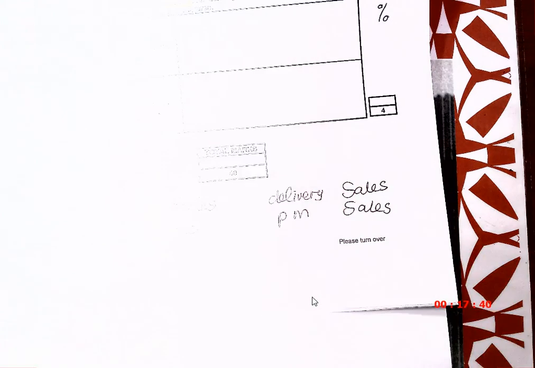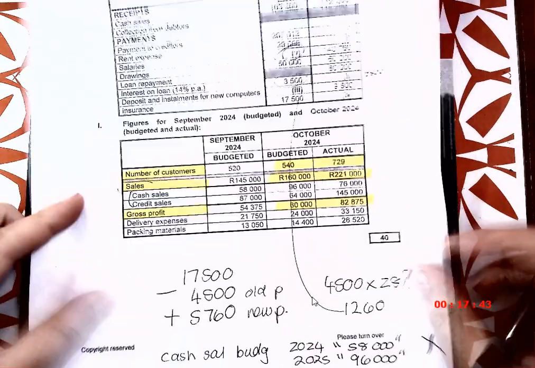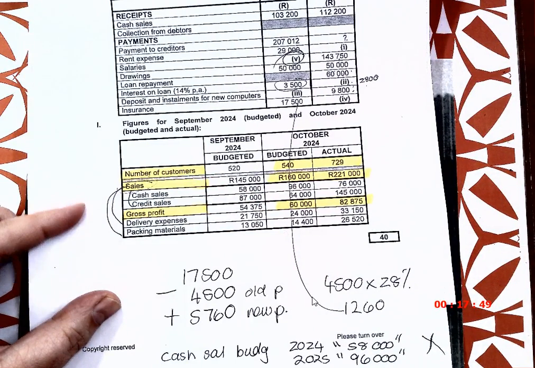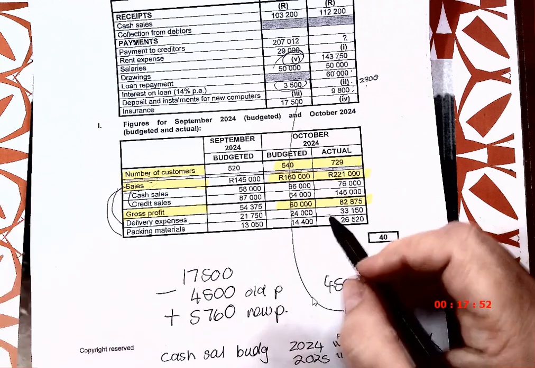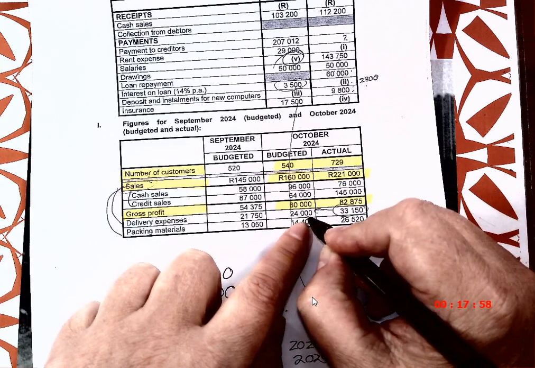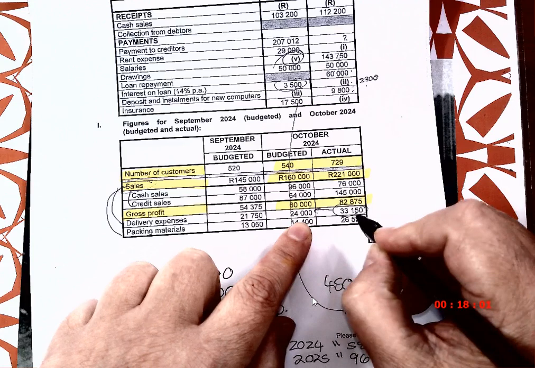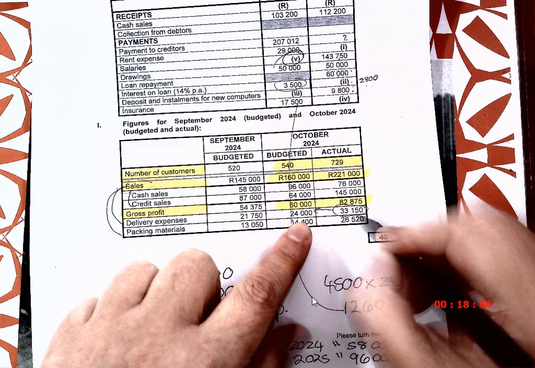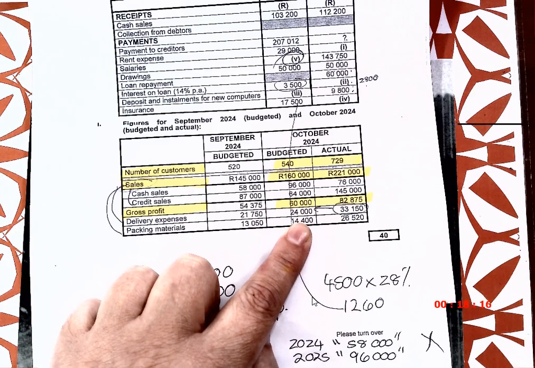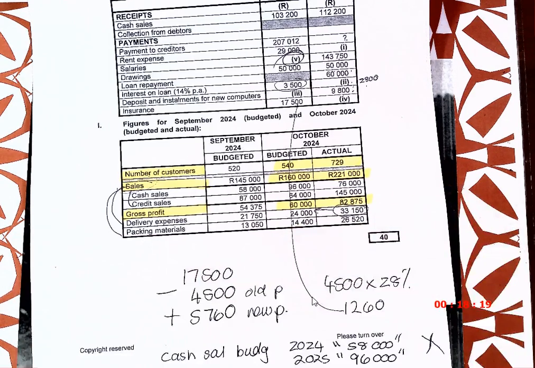So now they ask me delivery and packing material. According to me, both of them will be linked with sales. So now let's quickly go look. If I look at delivery, can you see the budget was 24, the actual was 33. So now immediately you think we overspent. But quickly, remember, my sales was more as well. So let's go look, and here we do it again.